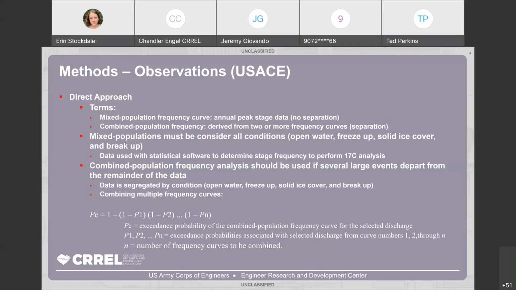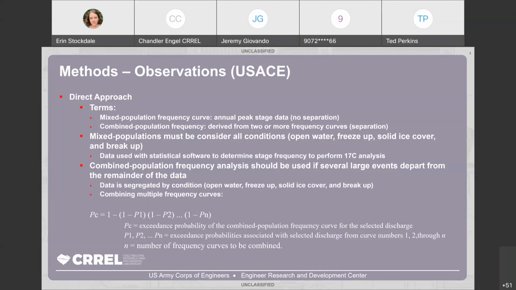It's all combined into one record. And in this case, the use of statistical software to do stage frequency, like if you wanted to perform 17C or just some sort of generalized frequency analysis, there are lots of tools out there, and they certainly can help you with this.